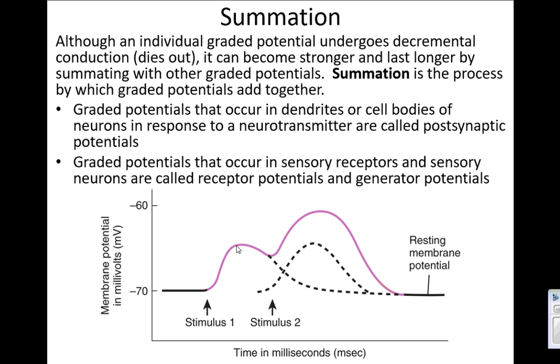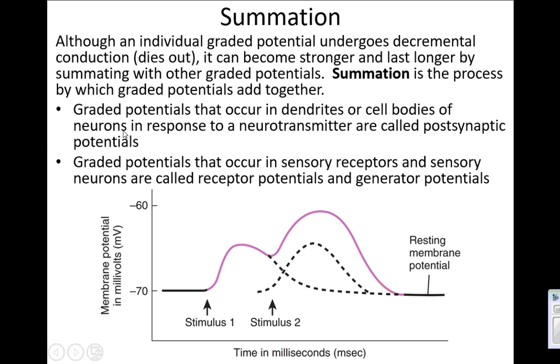But what actually happens is pretty cool. The second stimulus results in an even greater movement from resting membrane potential. We become even closer to 0 or positivity. We're becoming even less negative in this case. That's what summation is. The process by which graded potentials add together.